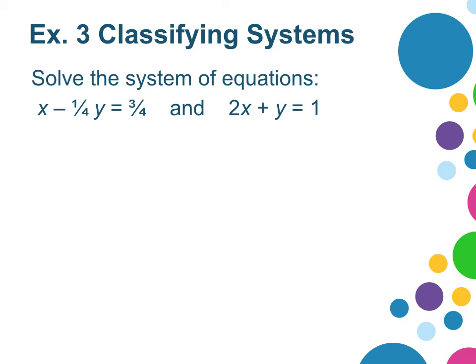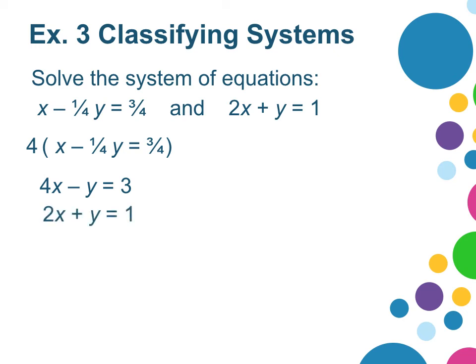So the first thing we notice is, if I were to multiply this equation by 4, my y coefficient will become -1, which will be nice when I add this equation to the second one, because you'll notice if I add these two equations together, the y terms will eliminate, and I'm left with 6x equals 4, or x equals 2/3.